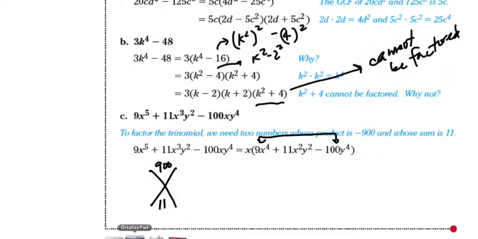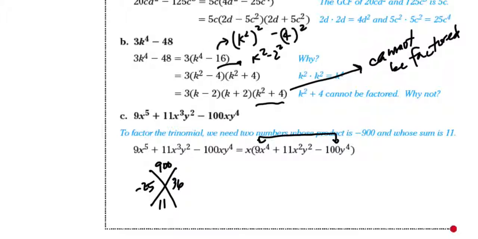So we are using now the power of x to be able to do this, and we find out that to be able to get a sum of 11 from the factors of 900, we need to use negative 25 and 36.